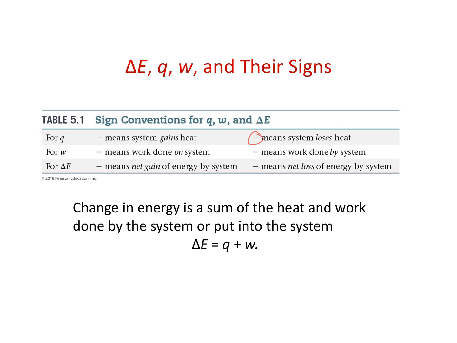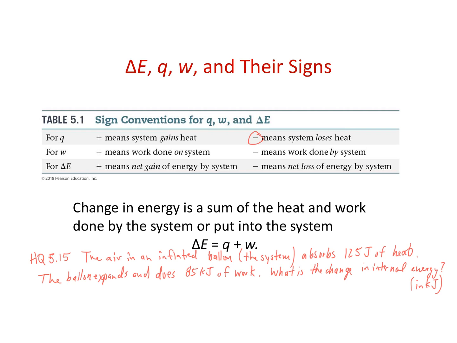And so let's just look at a simple question from the homework that would go over a sample calculation like this. So question 5.15. The air in an inflated balloon, which would be our system in this case, absorbs 125 joules of heat. As it absorbs that heat, it does 85 kilojoules of work against the surroundings.